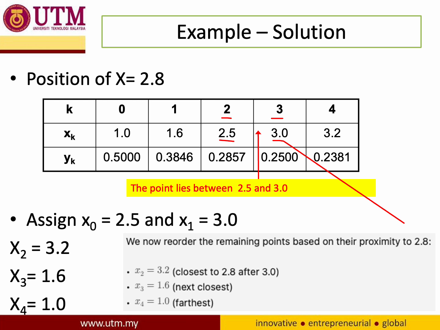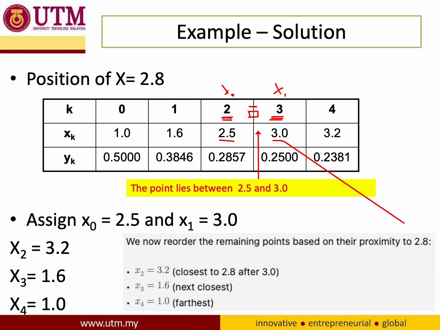These two will become your x0 and x1. Why? Because we want to find 2.8 over here. So this will be your new x0, and this will be your x1. If you want to find something in between, the first one will be the 0, and this one will be the 1.